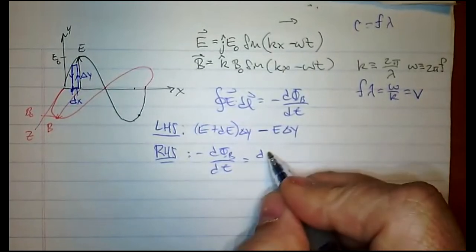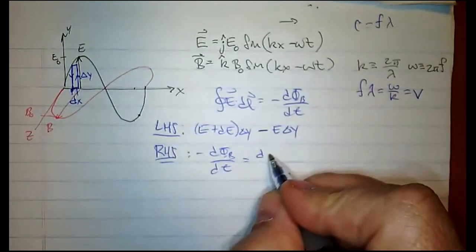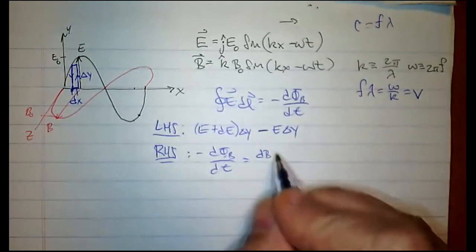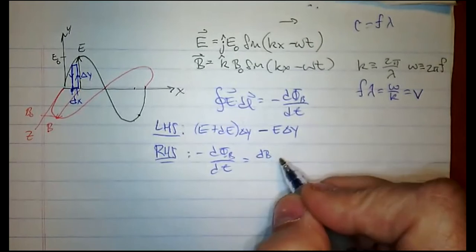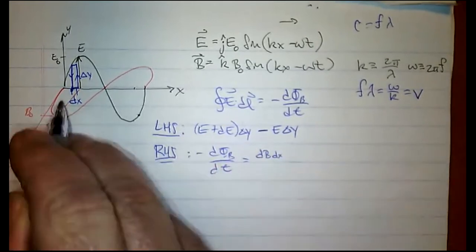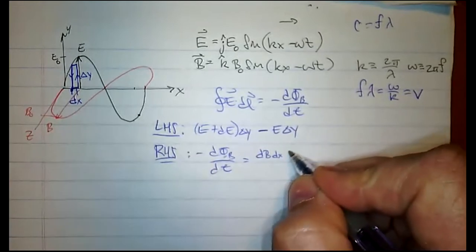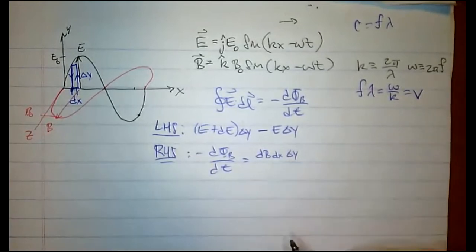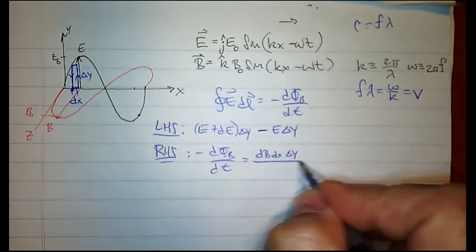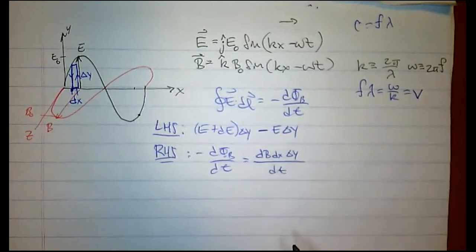Now I've got to take that and multiply it by dx. That gives me the width of the area, and then times delta y, which gives me the height. And of course, now I'm going to divide all that by dt.